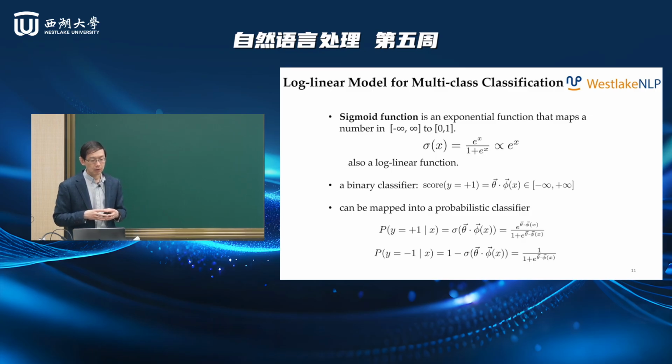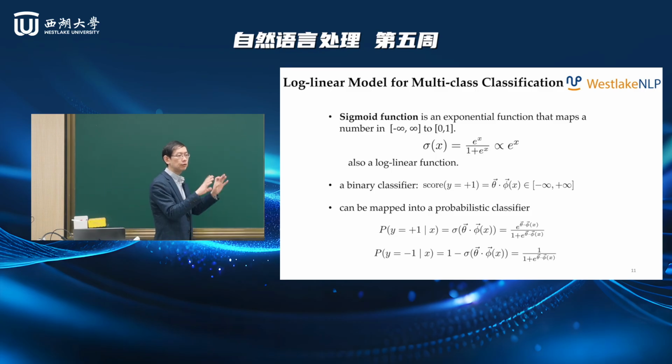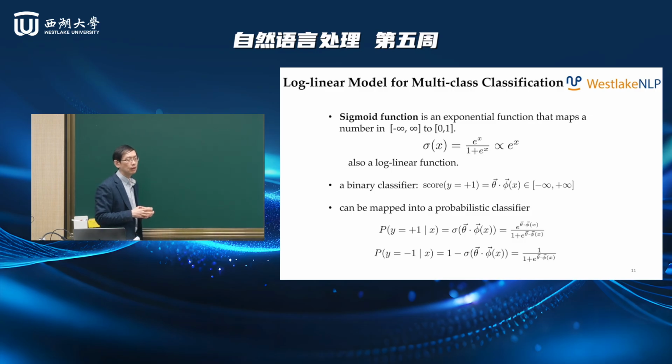Remember for SVM, we have theta dot phi x as the score, something between minus infinity and positive infinity. If it is more than 0, we take the positive class; if less than 0, we take the negative class. That's what we did for perceptron. So theta dot phi x is the score. How do we turn that into a probability?